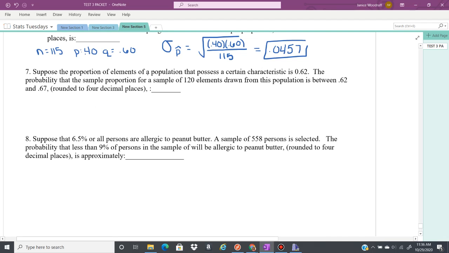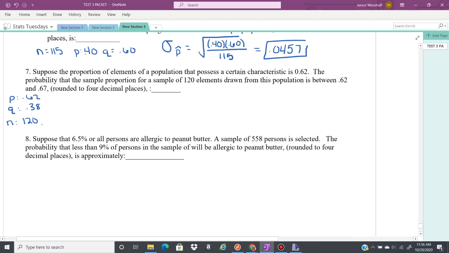We have the proportion for the characteristic is 0.62. So our P is going to be 0.62, which means our Q is going to be 0.38, 1 minus 0.62. Our sample size is 120 elements.